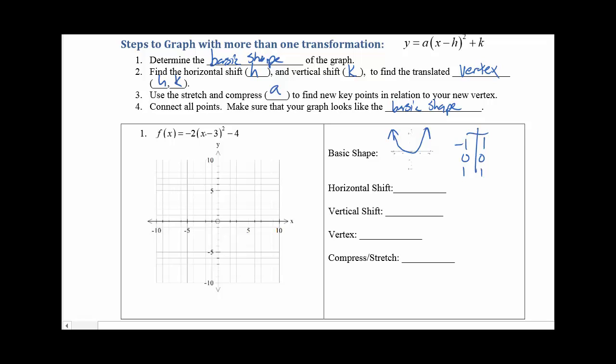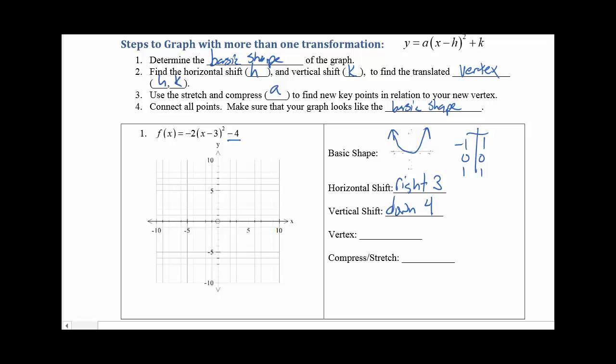What's going to impact the left to right shift? Well, the only thing that's going to change that is that -3. And so the 3 is going to move it right 3 units. So what's going to make it go up and down vertically? The -4 will make it do that. And then we move it down 4.